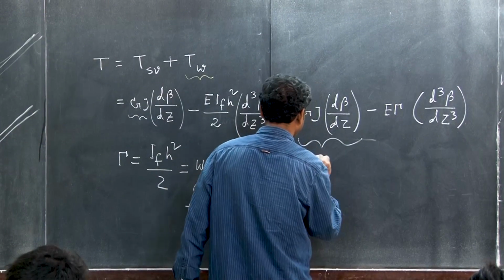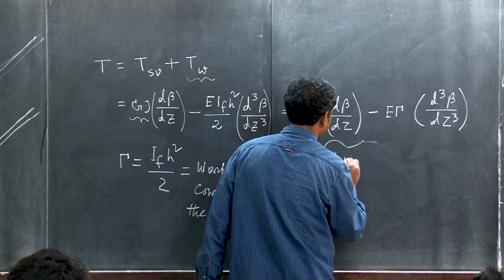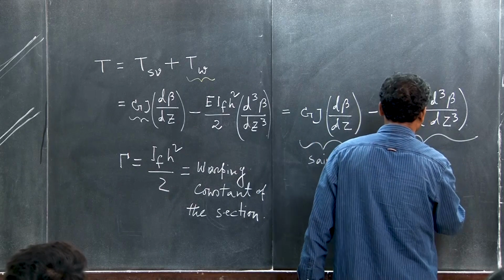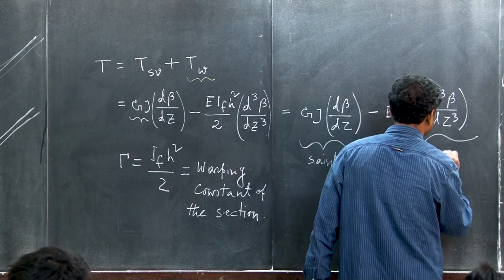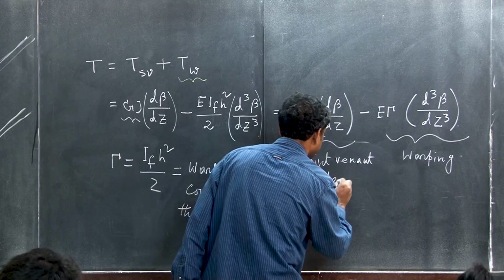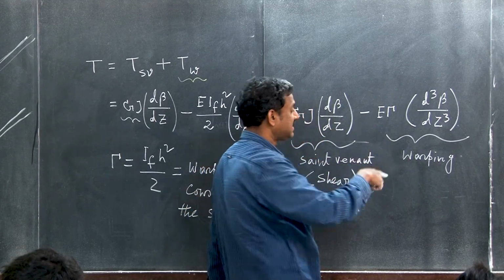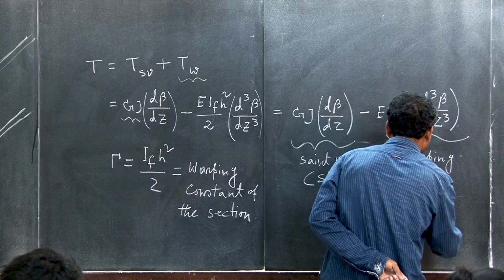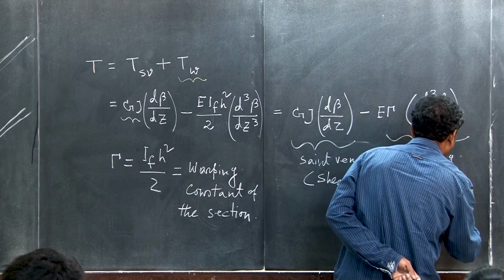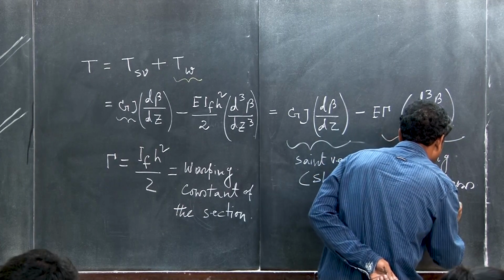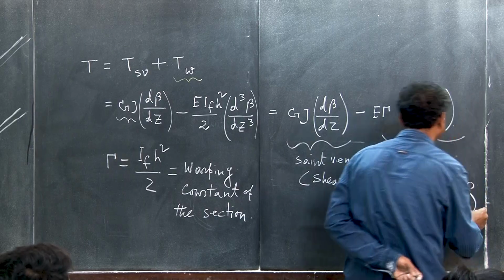This is Saint Venant torsion, which is resisted by shear, and this warping is resisted by axial force developed, by shear stress between the different cross sections, and by axial stress in the fiber if it is restrained along the axial direction.